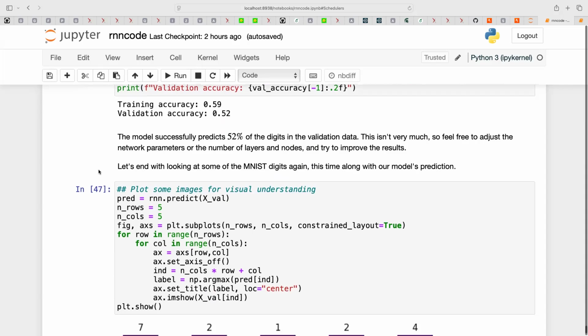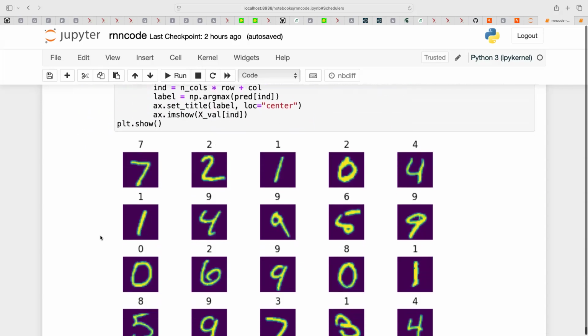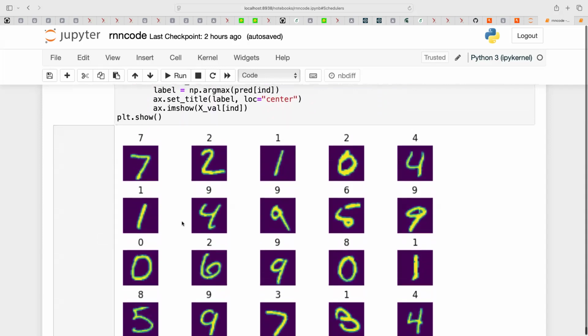Let's just see what our model is predicting here, and these are the type of predictions, and you can see now what it should have predicted. So here it gets a 1 or 2.